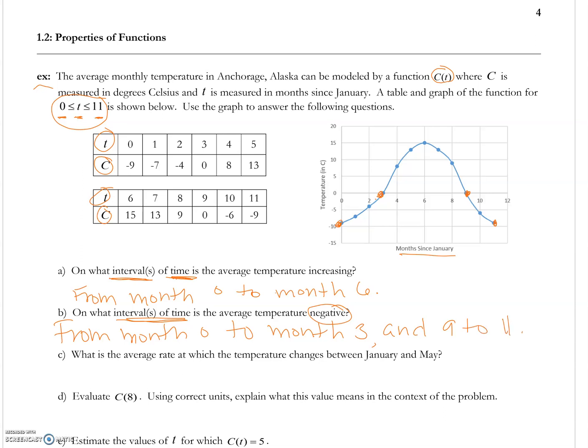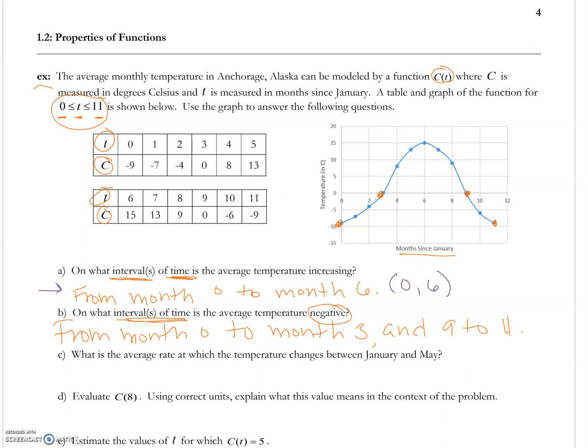As I'm writing this, I notice that there's a lot of words there, and I will be honest, mathematicians want things to be as concise as possible, and they want to be able to communicate clearly. So this is a totally acceptable way to write it. However, instead of writing, for example, on part A, from month 0 to month 6, the faster way to write it is parentheses 0, 6.